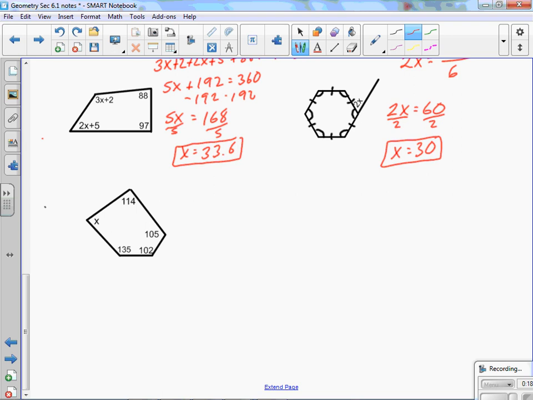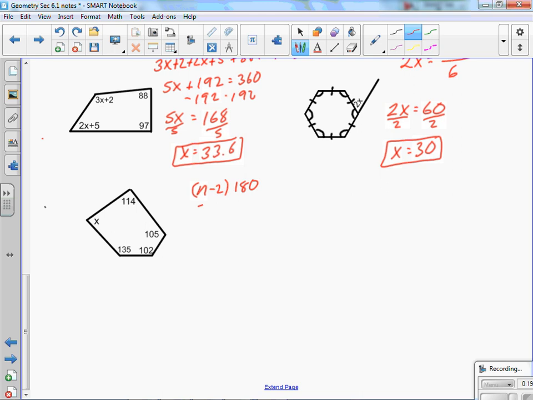And the last one here, we have a 5-sided polygon, or a pentagon. And we're trying to solve for this one angle right here. So once again, we have to know what all the angles have to add up to be before we can solve for the x. So we're going to use n minus 2 times 180 to find the sum of the interior angles.